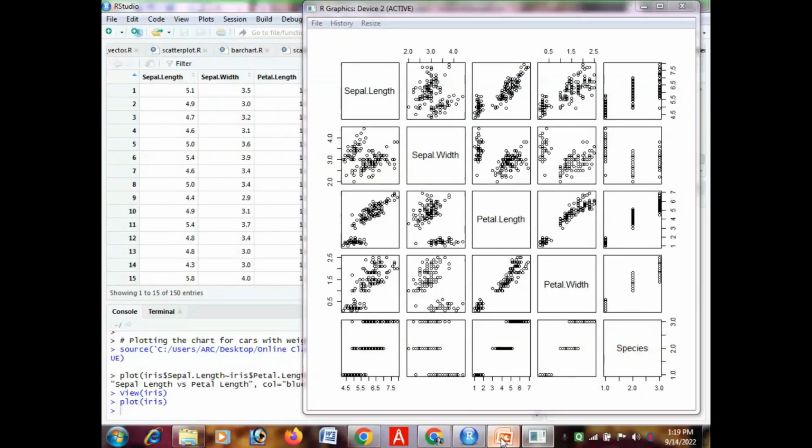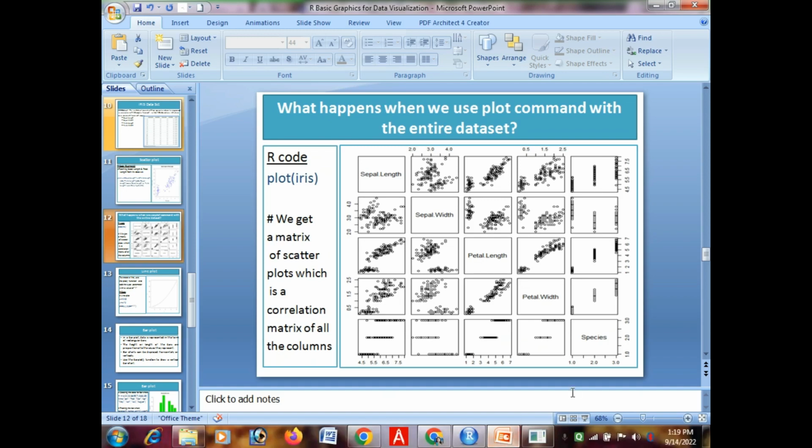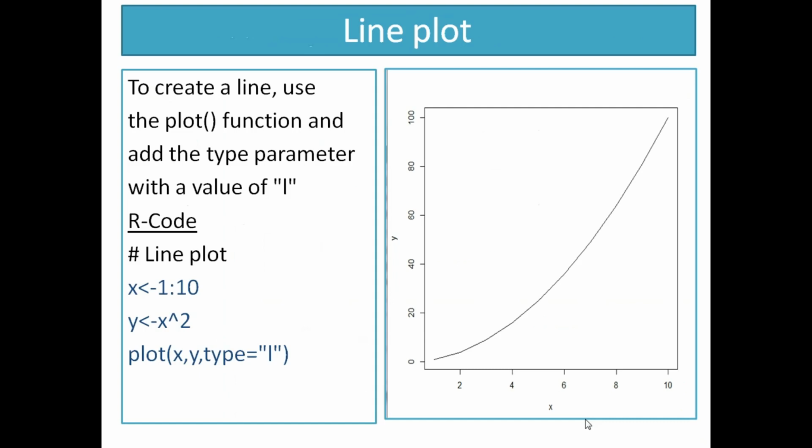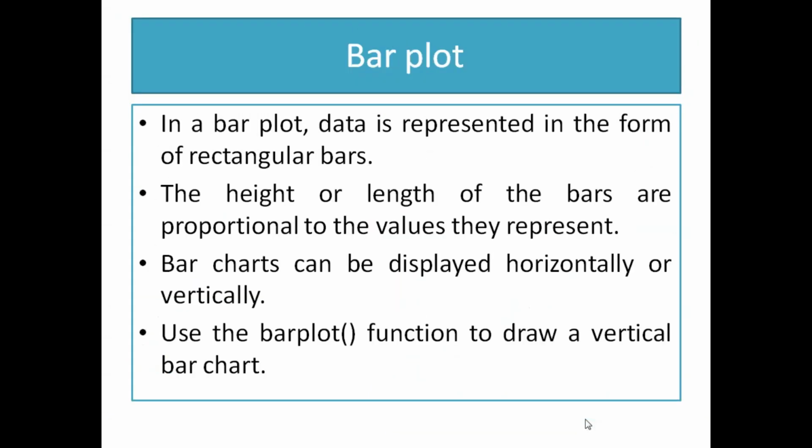So moving on to the next type of plot, which is the line plot. Here, if you provide the type as l, it will show you the line plot. I will show it in the demonstration part. And the bar plot is a plot where data is represented in the form of rectangular bars.